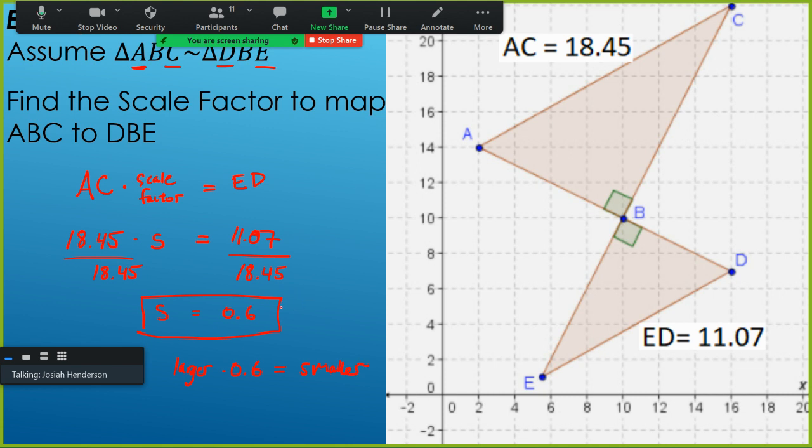So how do we do this? We have to find the sides that are comparable, and then we figure out what we are multiplying by to get from one to the other. It didn't tell us which one of these was our original, which one was our ending figure. So I just said larger times this scale makes the smaller.